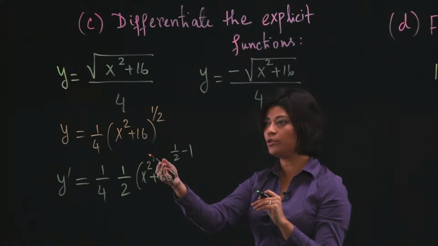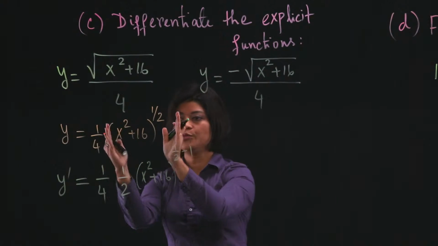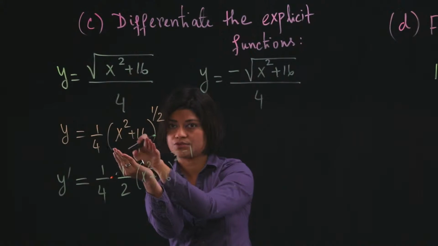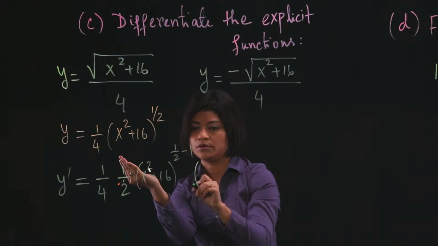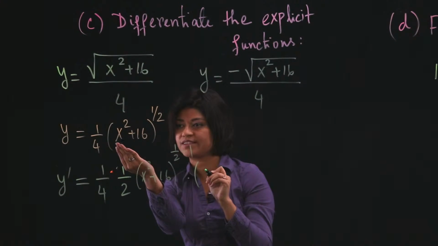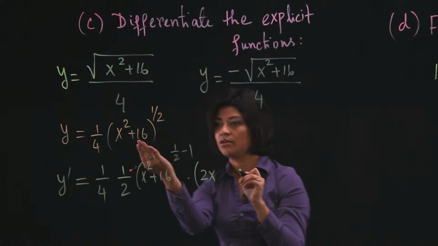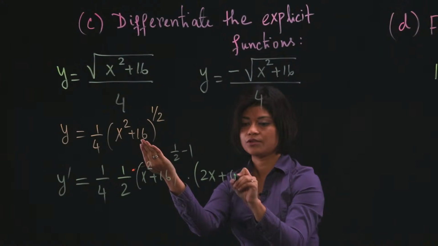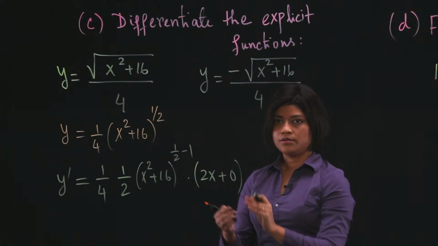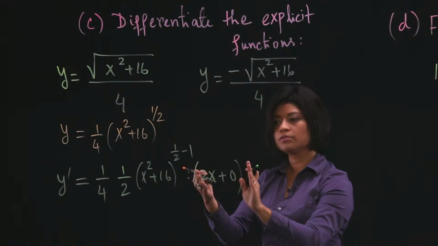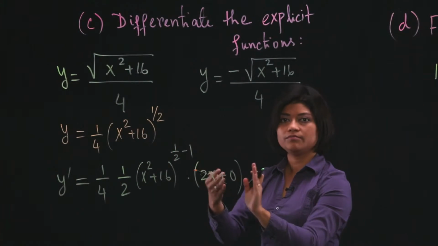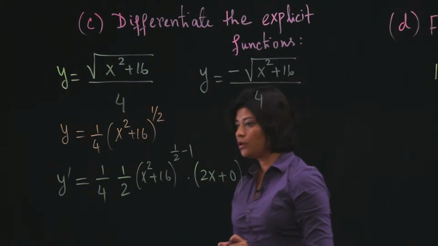That's just using power rule. Then you have to move to the inner function and take its derivative. What is the derivative of x squared? 2x. What is the derivative of 16? 0. So that's it. That portion is the chain rule part, and we just completed the derivative.